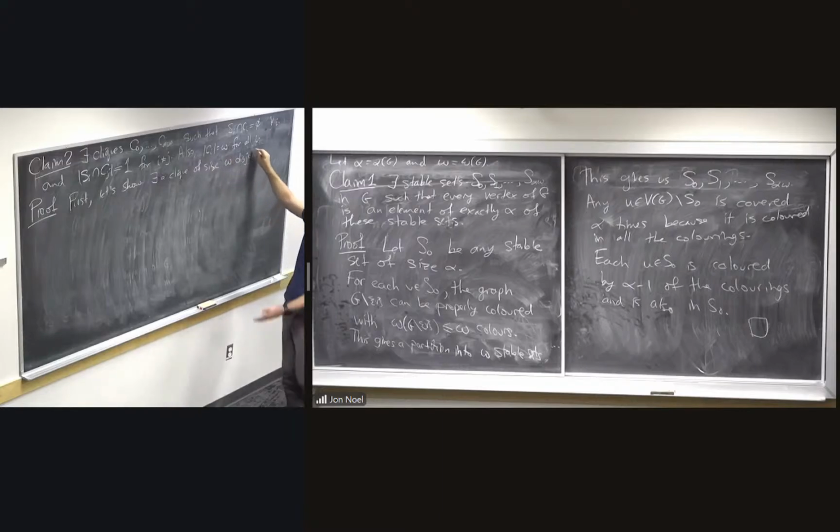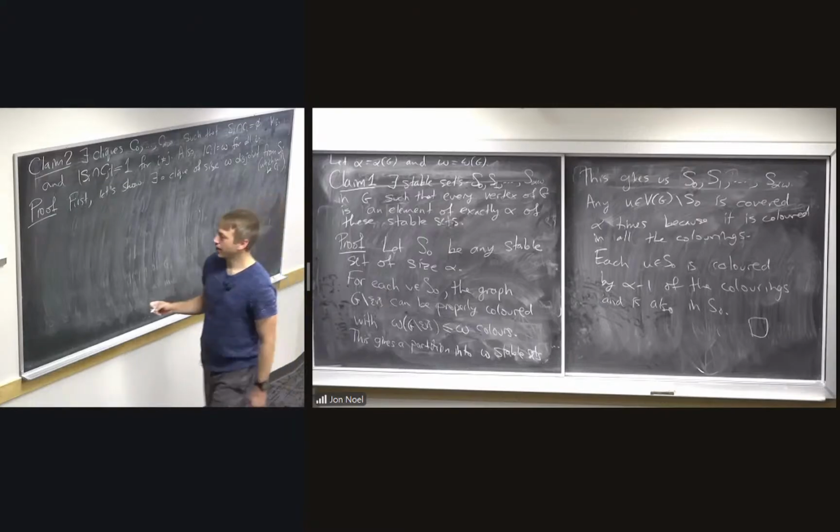And then we're just going to pick C_I to be any of those cliques, and then we need to observe that it has the right properties. I'm just putting in parentheses that this will be C_I.